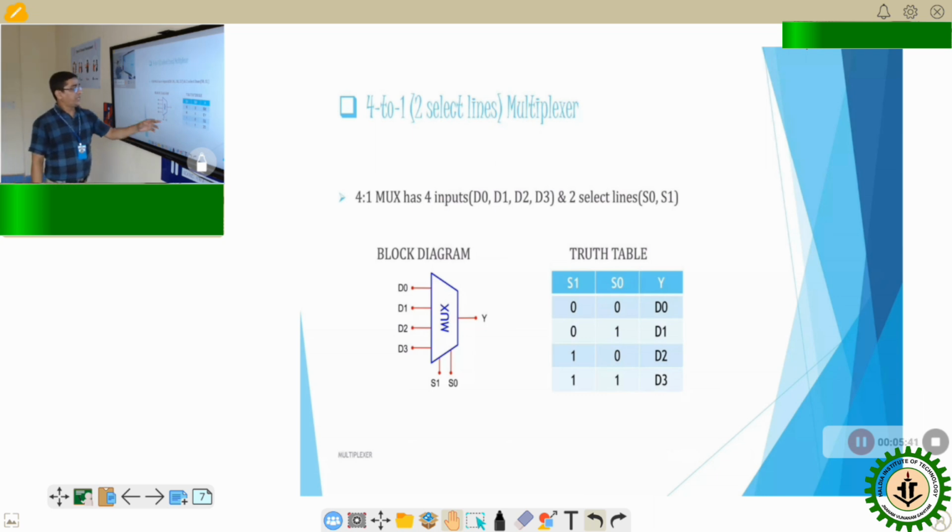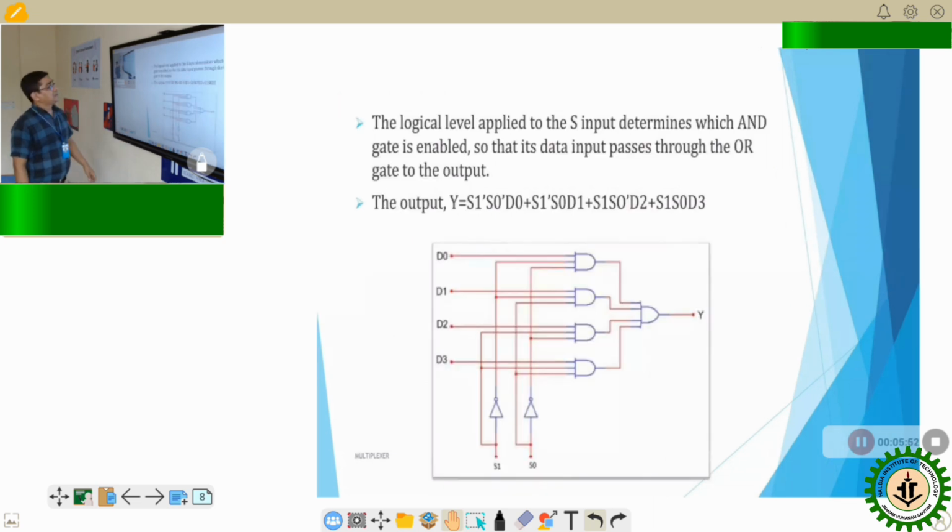This is the truth table of the 4:1 multiplexer, and the outputs are D0, D1, D2, D3.